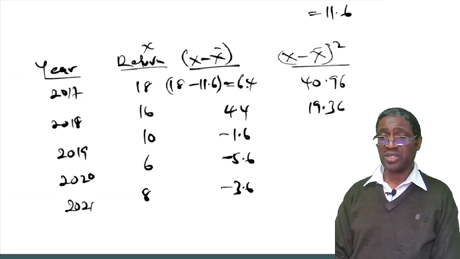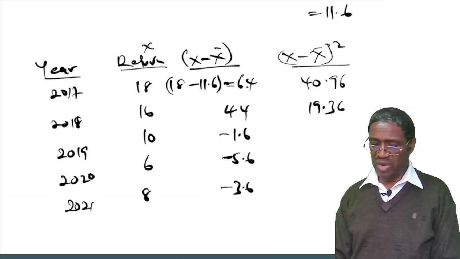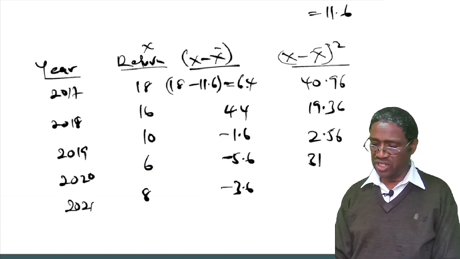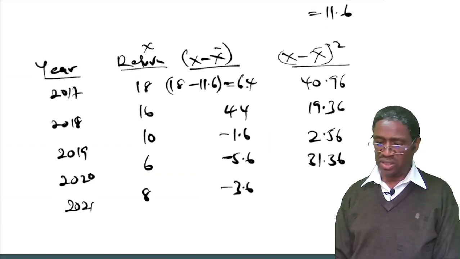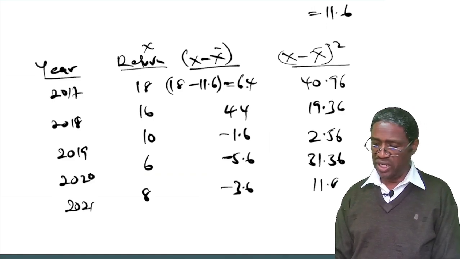Next is 1.6 times 1.6, that's about 2.56. Next is 5.6 times 5.6, that's about 31.36. Finally 3.6 times 3.6, that's about 11.88.